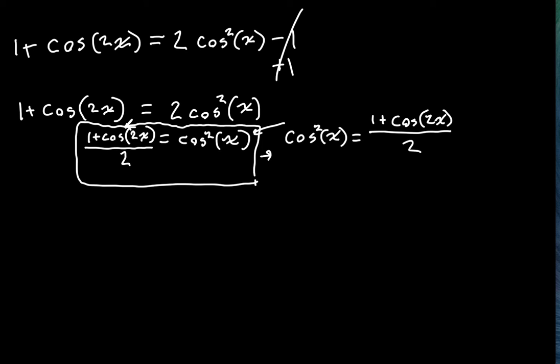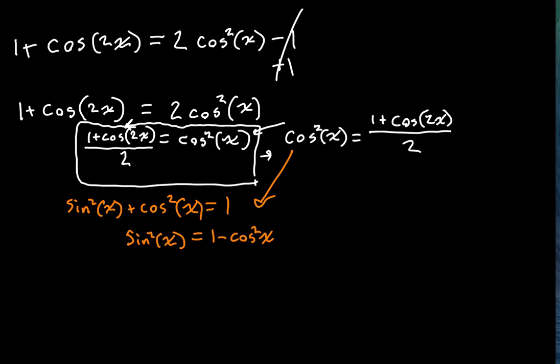And we know from our Pythagorean identities that sine squared of x plus cosine squared of x is equal to 1. So, hence, sine squared of x is equal to 1 minus cosine squared of x. And what's cosine squared of x? Well, we just put that in terms of cosine of 2x, so let's try putting sine squared in terms of 2x. So let's just plug cosine squared of x in here.